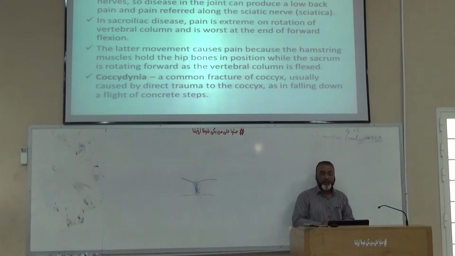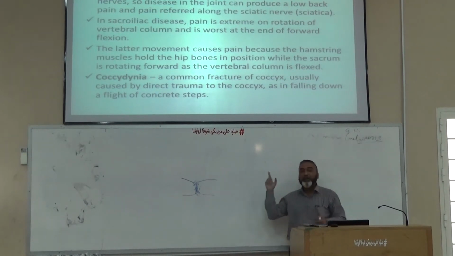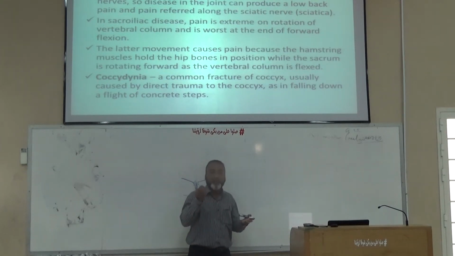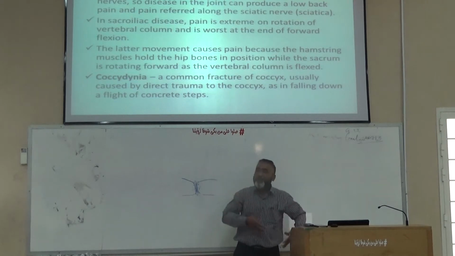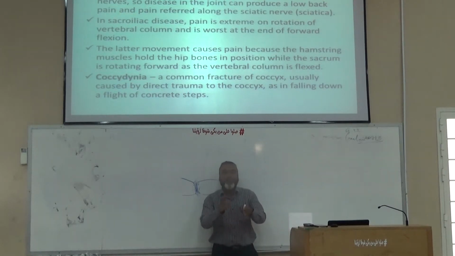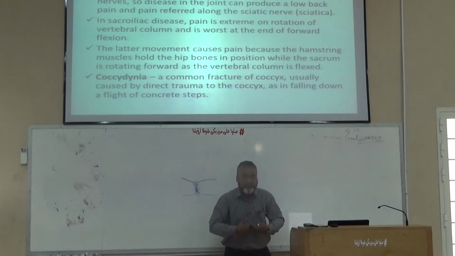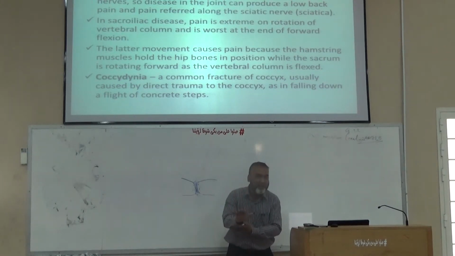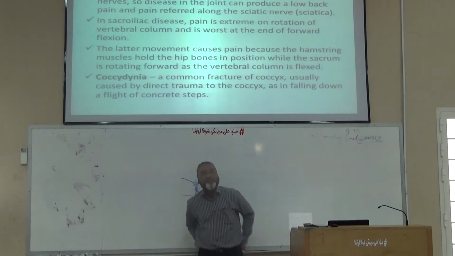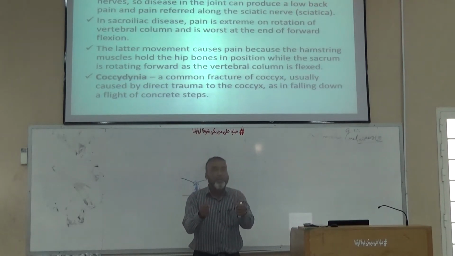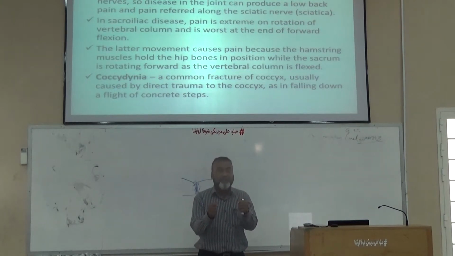Second thing, when this joint is involved, it produces severe pain. What happens when you perform flexion of the vertebral column? We have the hamstring muscles on the back, and they hold the hip bone tightly.